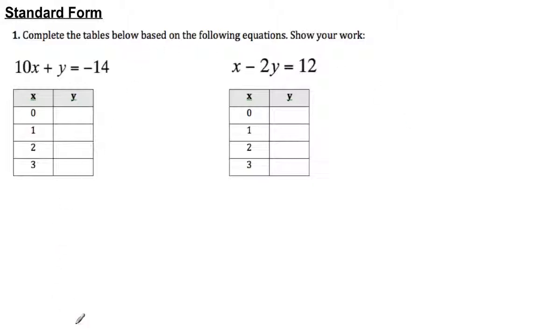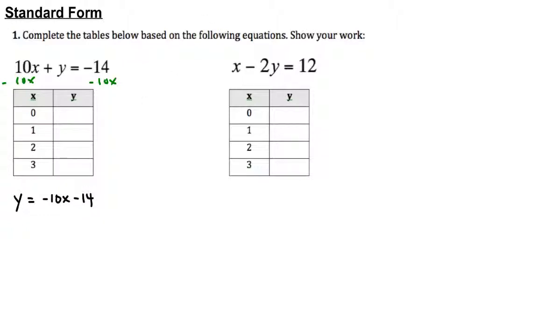Okay, so to complete this table here, what we need to do is solve for y. I'm going to maybe just skip a step here, but I'm going to subtract 10x and subtract 10x, right? And write this as y is equal to negative 10x minus 14. I'm going to move this just right down here.